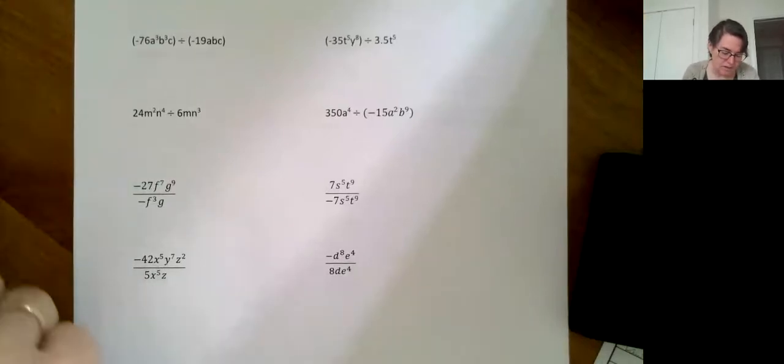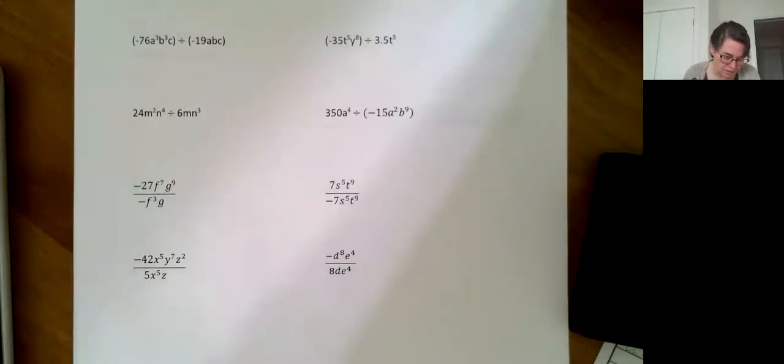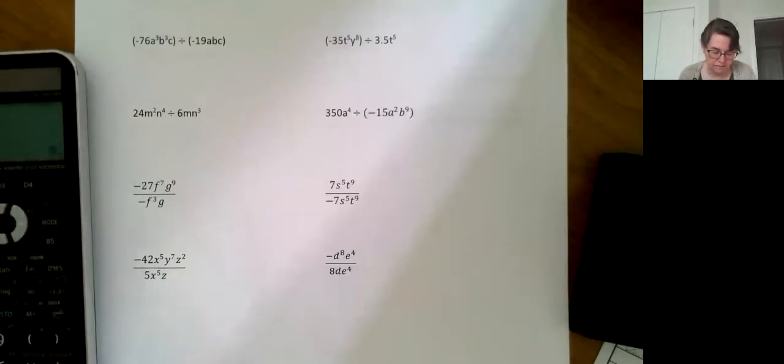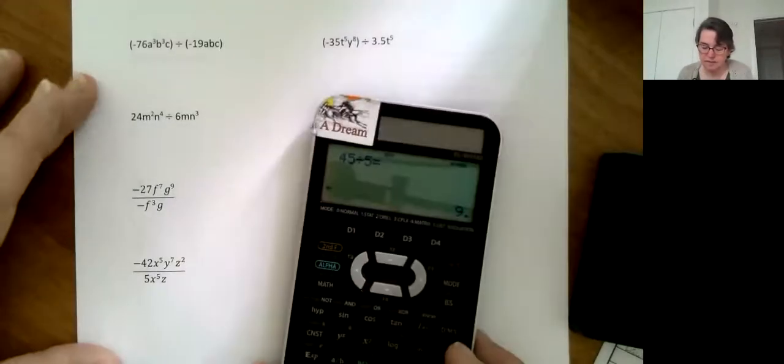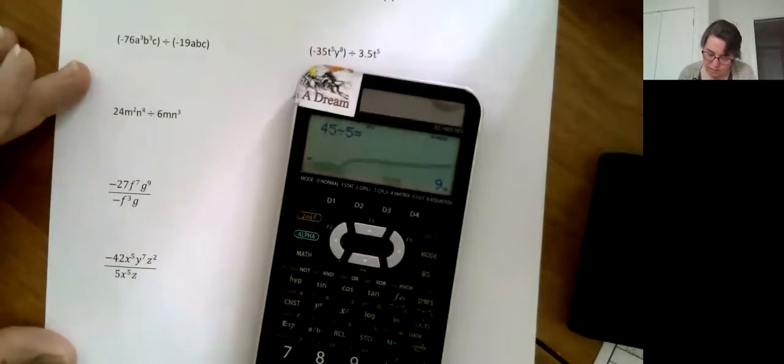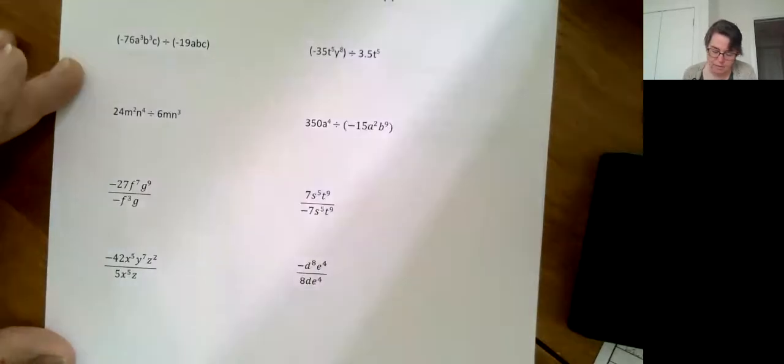Okay, I want to show you the alternative now. 42 divided by 5. Let's try that again, I typed it in wrong. 42 divided by 5 is 8 2/5, or 8.4.